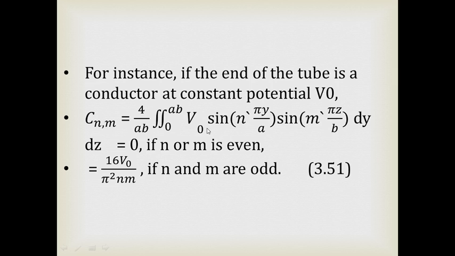That means n dash and m dash should not be even, that is, not 2, 4, etc. These integers n and m, or n dash and m dash, must be odd numbers, that means 1, 3, 5, 7, etc. Then this integration has a value of a by n pi, and the other has a value of b by m pi, and if we substitute, we find the value of the coefficient c n m is equal to 16 v0 upon pi square n m, if n and m both are odd.